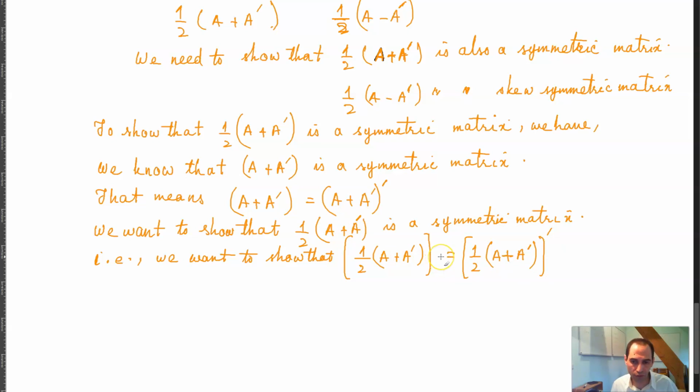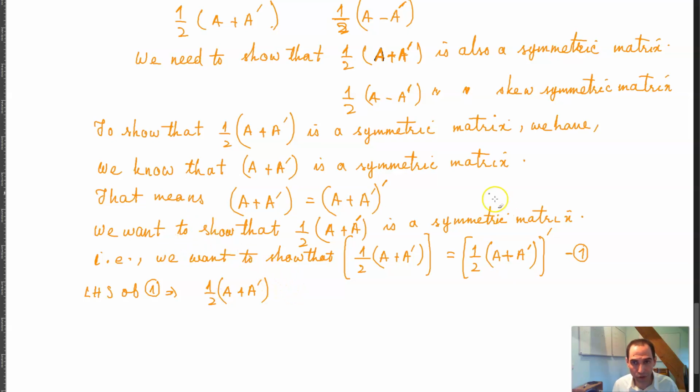If you can show that your LHS is equal to your RHS, or your RHS is equal to your LHS, that means that you have proved it, right? So I start from the left hand side, the LHS of, for example, call it 1. The LHS of 1 is basically 1/2 of A plus A prime.